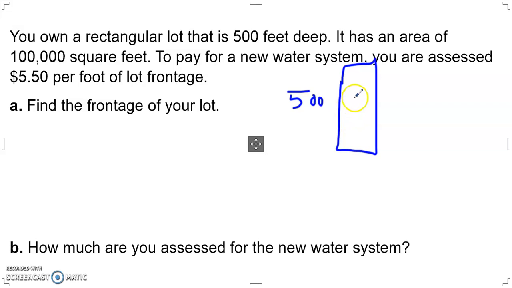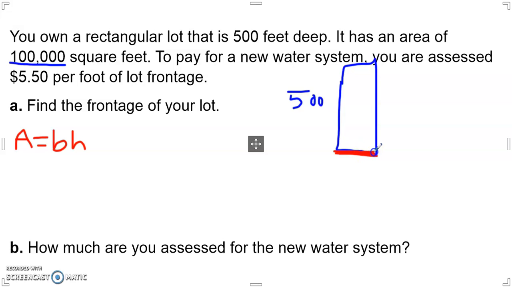And we know that all of this area inside here is 100,000 square feet. Okay, now in order to find the frontage, so what they're asking, they want to know what this frontage is, what this side is right here. So if we want to find the frontage, well, we know the area equals the base times the height.